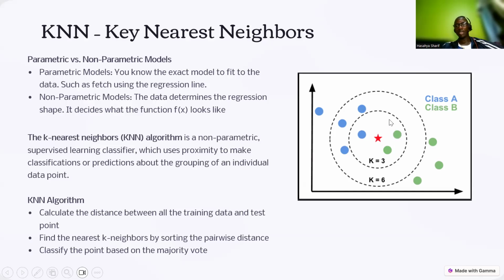Then after you find the k nearest neighbors, here the k nearest neighbors are three. So you're having 1, 2, 3. Then you classify based on the majority vote. And for the majority vote here, we shall end up saying that the red star, the test point, is green, since green has more points in the k-nearest neighbors compared to blue.